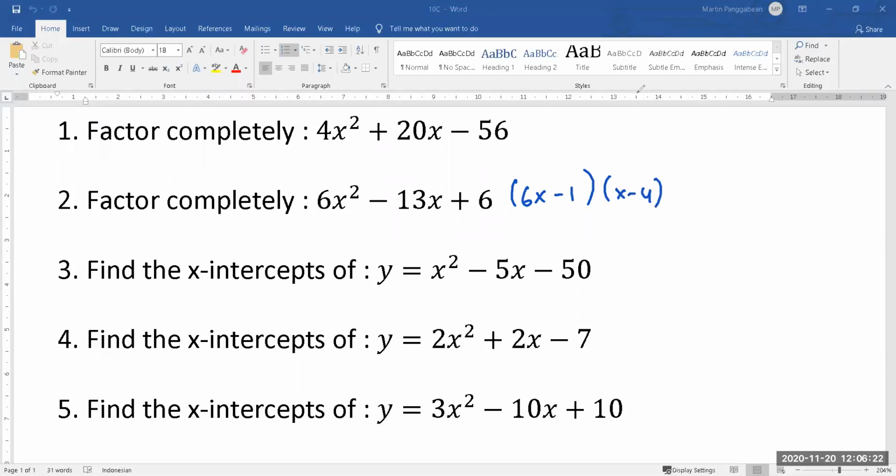Tiffany, what is your answer? So we have 3x minus 2, 2x minus 3. Okay, any other answer?